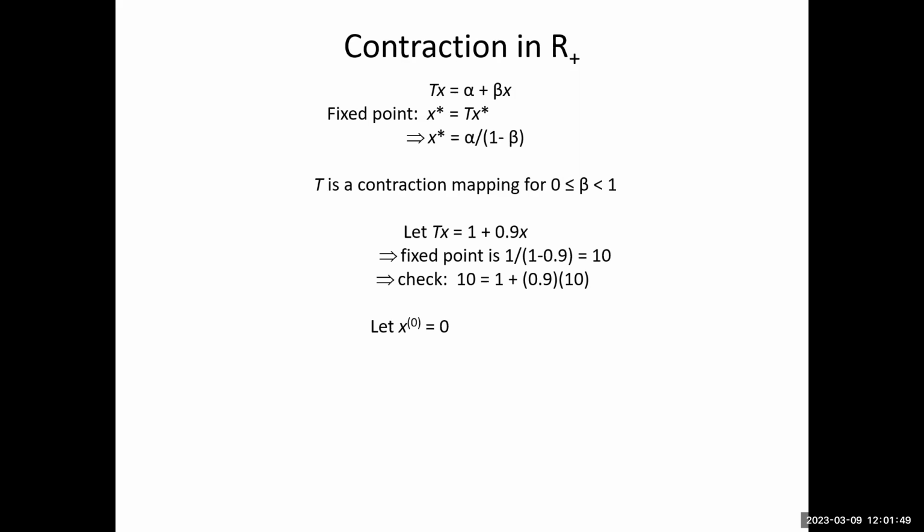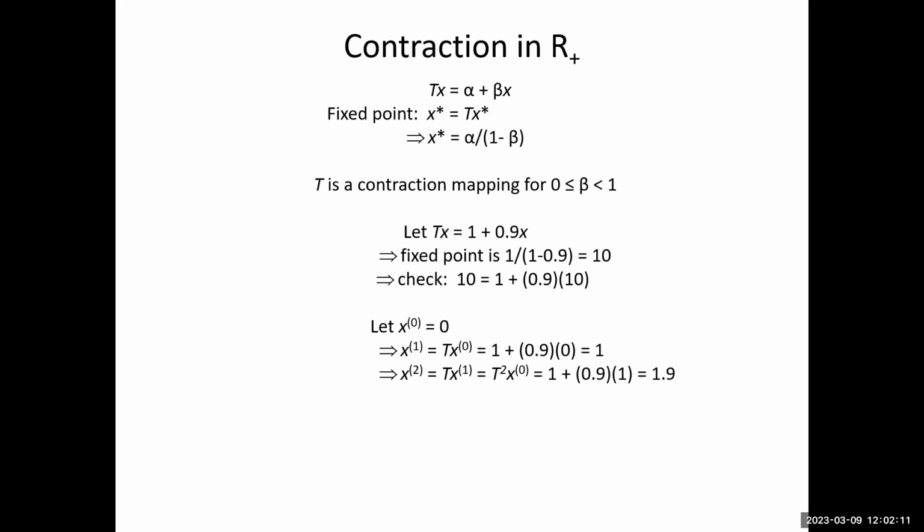Now let's apply the operator iteratively, starting from an initial value x0 equals 0. The first iteration gives us 1 plus 0.9 times 0 equals 1. For the second iteration, we apply the operator to 1, which means we have applied it to the initial value 0 twice.